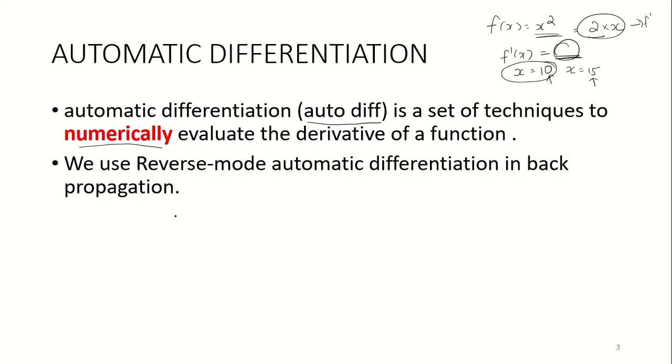Then we use reverse mode auto differentiation. There are two methods: forward mode auto diff and reverse mode auto diff. In back propagation, what we use is reverse mode auto diff, and back propagation is a step in the training of neural networks. What back propagation is actually doing is updating the weights of the neural networks.